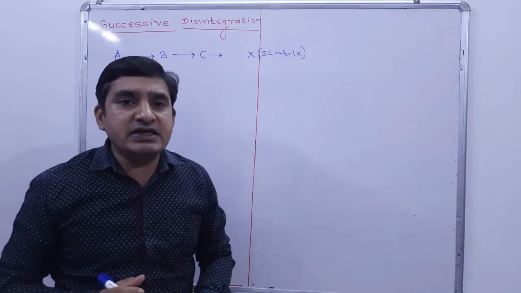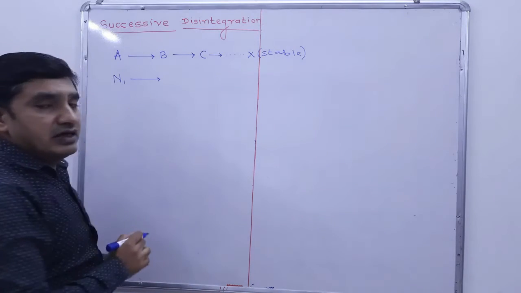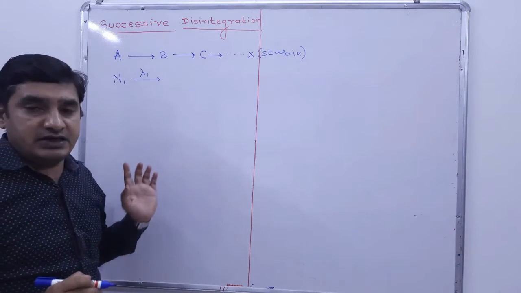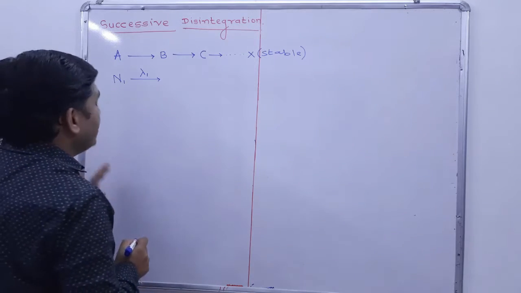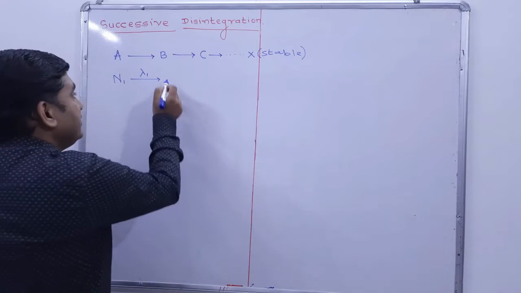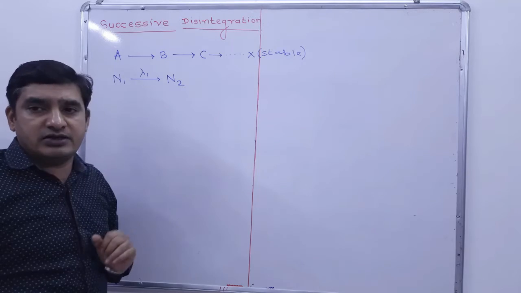If we consider N1 as the number of radioactive nuclei of the parent, this parent disintegrates. Lambda 1 is the decay constant for this parent, and we obtain the daughter atom. N2 is the number of radioactive nuclei of the daughter atom.